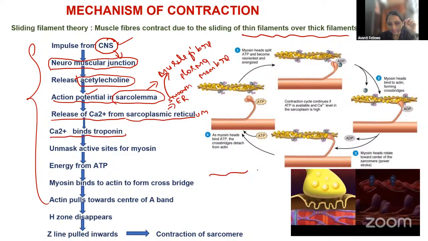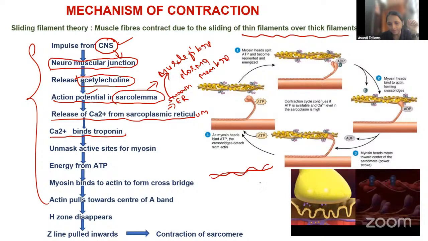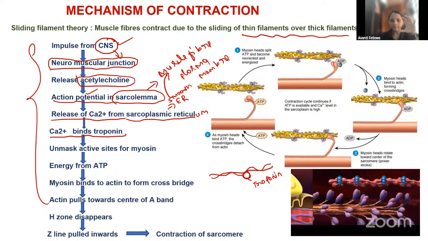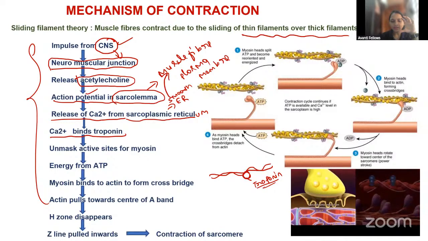See here, this is the actin filament, right? This actin filament is bound by the troponin. This is a troponin. When the muscle contraction is not happening, this troponin always binds to this actin.